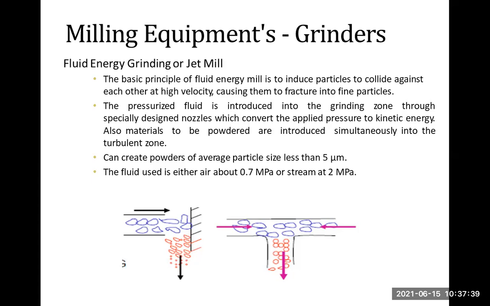Here, the materials can also be powdered or introduced simultaneously into the turbulence zone. What we can see is that we can create a powder with an average particle size of around 5 micrometers. Here the fluid used is air having a pressure of about 0.7 megapascals to 2 megapascals.